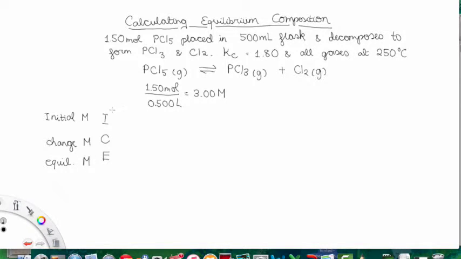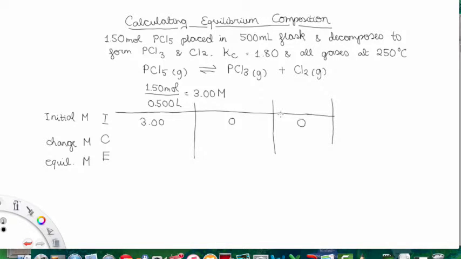So now let's draw this table out, and this is going to be the column for PCl5, this will be the column for PCl3, and this last part will be for Cl2. Okay, so the initial concentration of PCl5 is 3.00. Since this is what's placed in the flask, we're going to start out with 0 of the product since it hasn't started decomposing yet. So what's the change in the molar concentration?